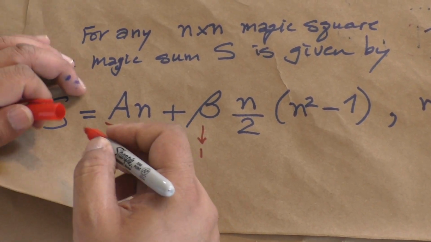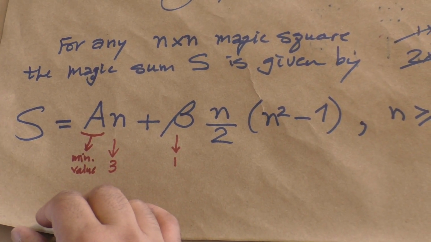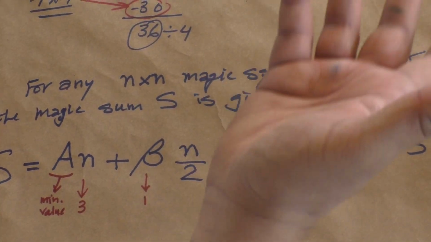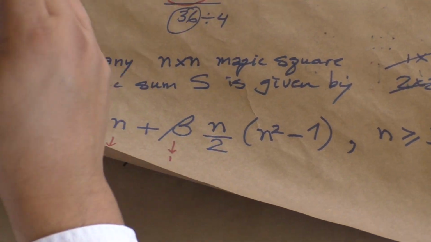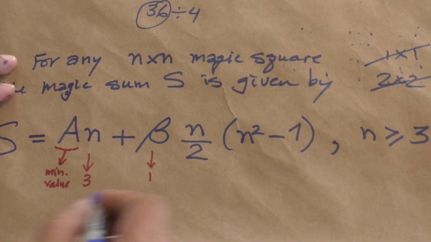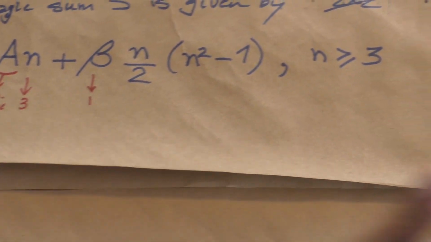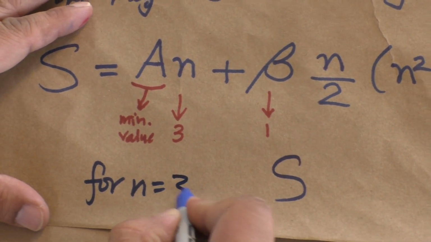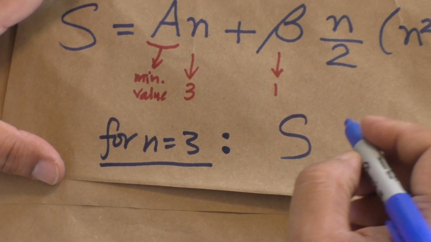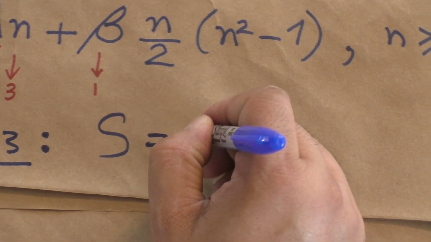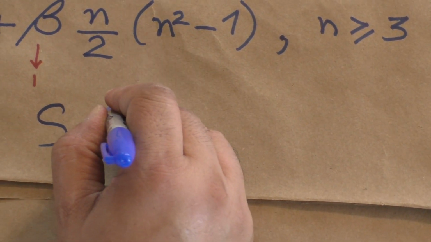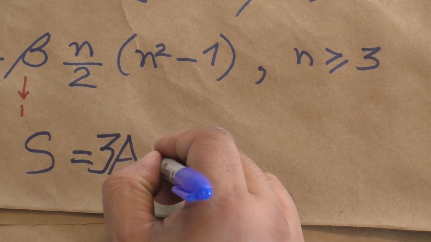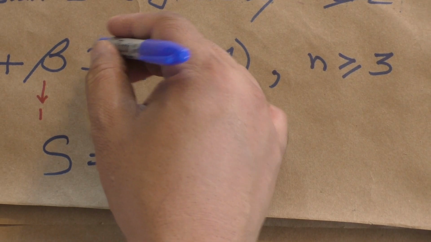Now, in the default squares, you always start at 1, but if you have 66 or 72 or whatever number you want to encode, you can't start at 1. So let's see what happens to the formula. For the 3 by 3, this is for n equals 3, you will have that S is equal to A times 3, so 3A, plus, this is 1, so it doesn't mean anything, and n is 3 over here.